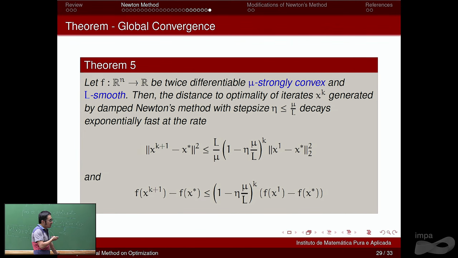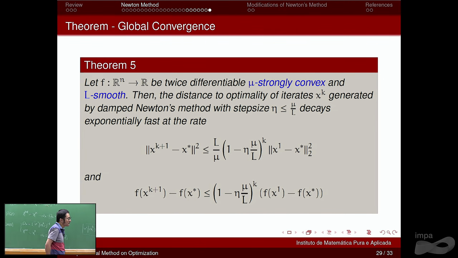If we assume the function is strongly convex and also L-smooth with respect to the Hessian matrix, then the distance to the optimality of the iterates generated by the adapted Newton method with the step size mu over L decreases exponentially, okay? So this is the rate of the iterates, and this is the rate of the function value.